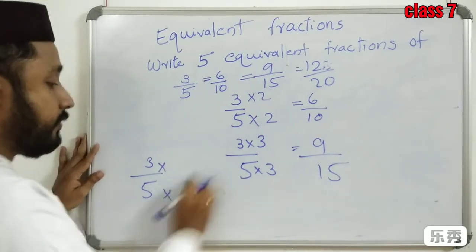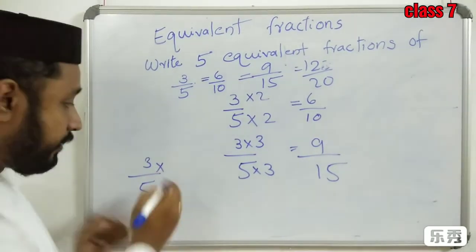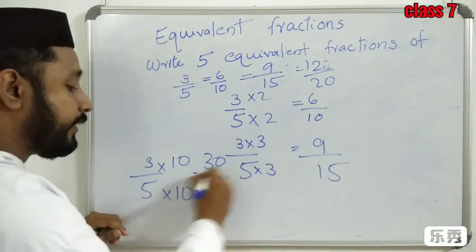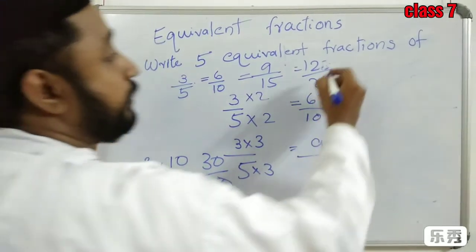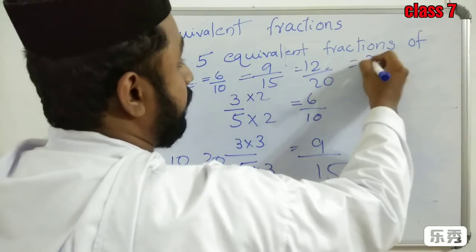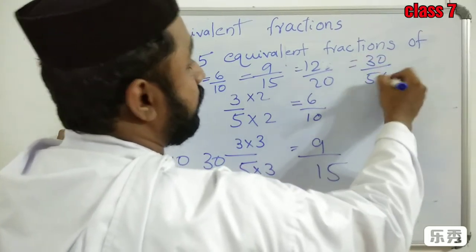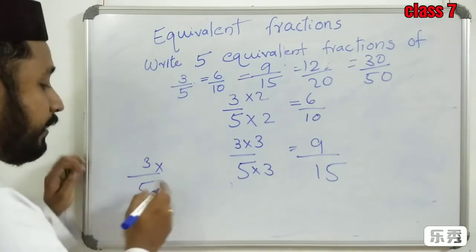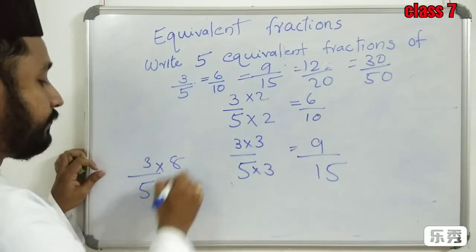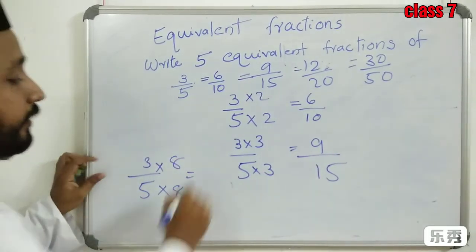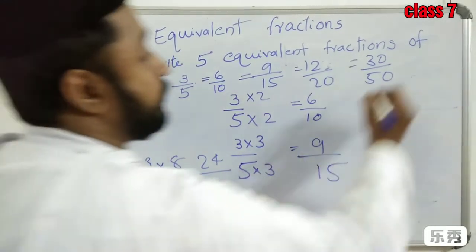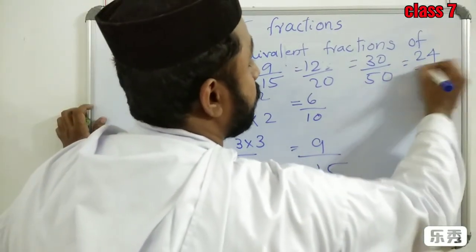Now, I am going to multiply with 10. We can use any number. Now, I am going to write 10. 3 into 10, 30. 5 into 10, 50. So, 30 by 50, another equivalent. Now I am going to multiply with 8. 8 into 3, 24. 8 into 5, 40. 24 by 40.